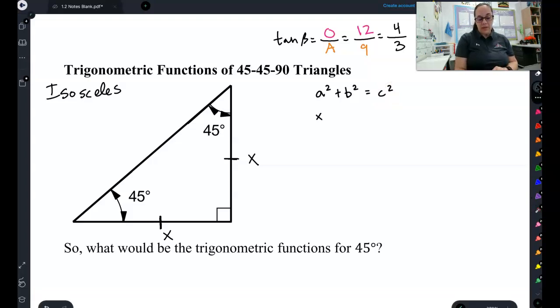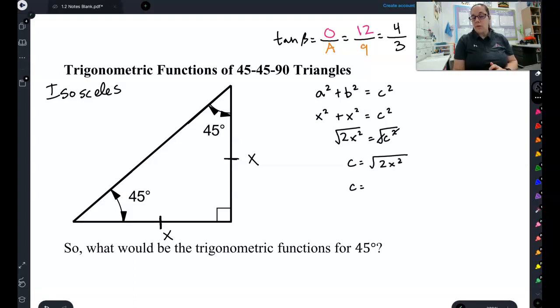Now, I know that the smaller sides are both X, that's what I called them, so I'm going to put that in there. And then I'm going to solve this for the hypotenuse, so solve for C. I know x squared plus x squared is 2x squared, and I take the square root so that I can solve for C. I get C is the square root of 2x squared.